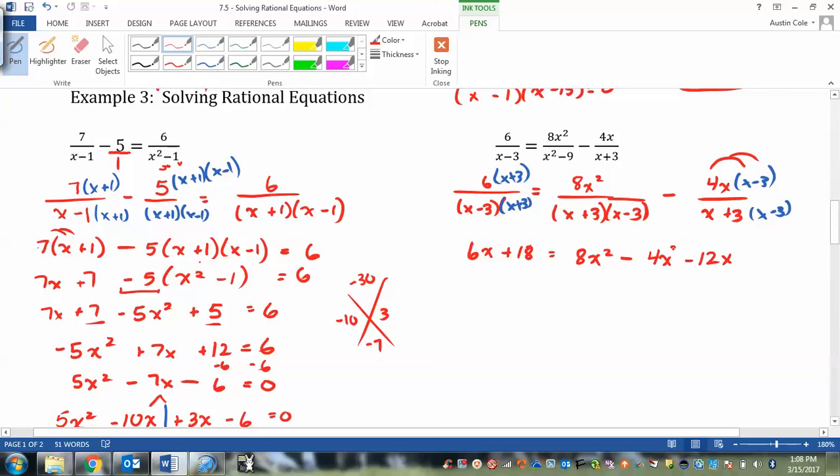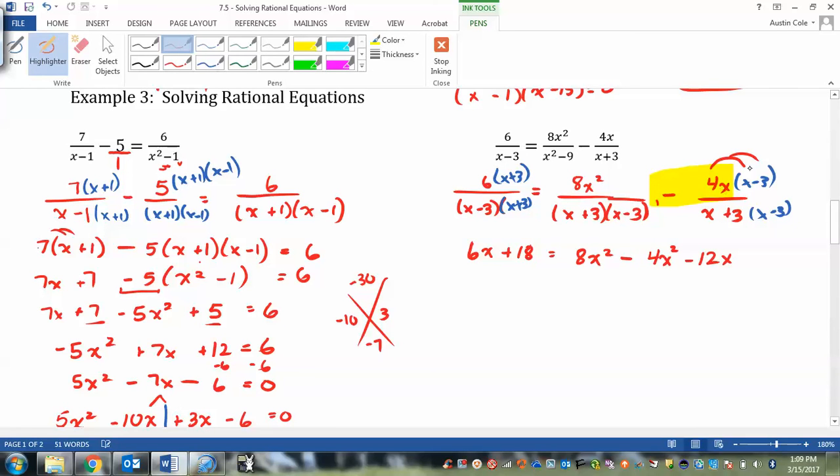Oh, 4x squared? Did I do that right? Yeah, because what am I distributing, guys? I'm distributing negative 4x. So when I distribute negative 4x times x, that's negative 4x squared.